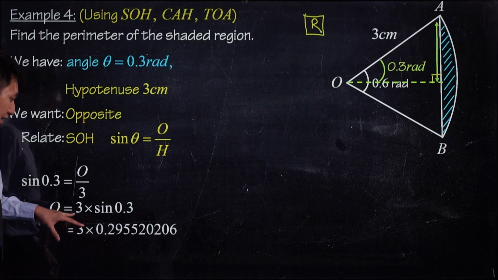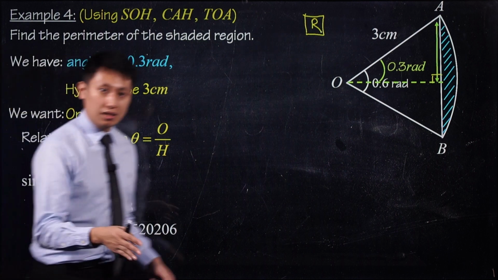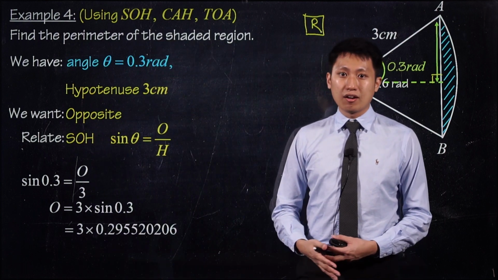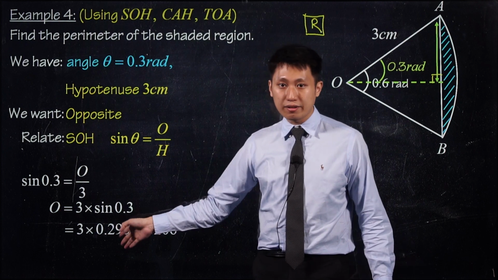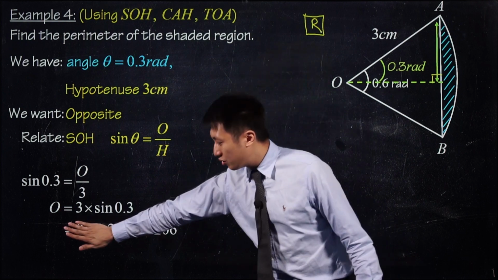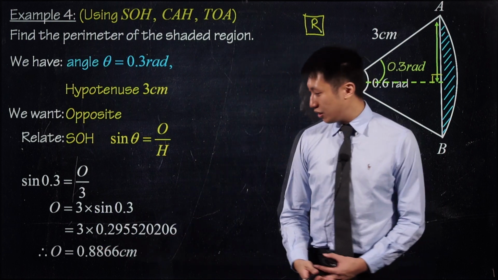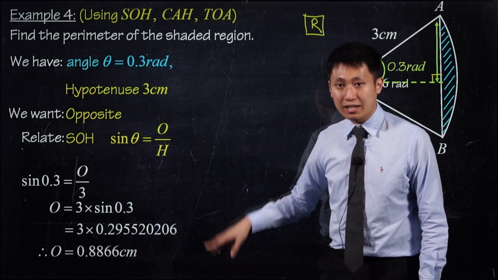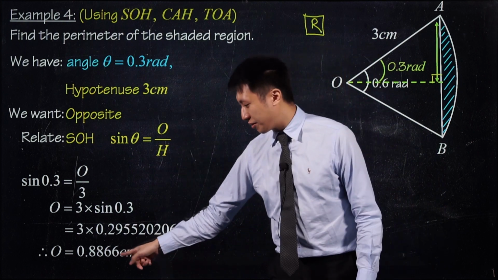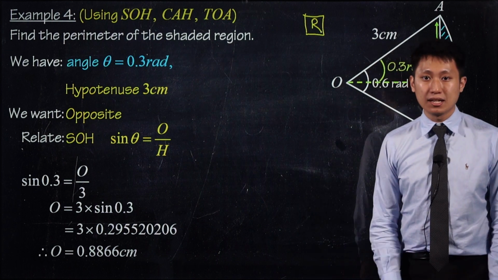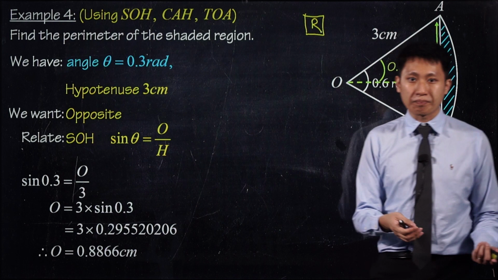I directly write 3 times sine 0.3, I get the answer, I chop. If the number is big and you chop off early, you get the problem. So normally you don't write this step. You see this long thing in a calculator, just chop it off in the calculator, into 4 decimal places. Intermediate steps, don't chop.